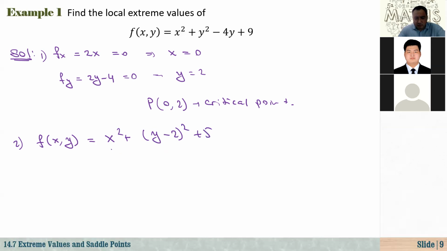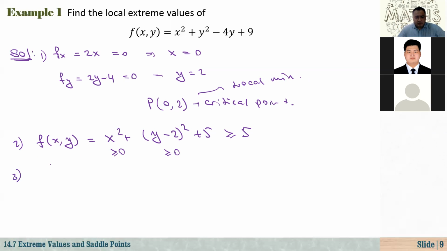And x squared is always greater than or equal to 0, and also (y minus 2) squared is greater than or equal to 0, which means that the function is always greater than or equal to 5. So (0, 2) gives us a local minimum. At the same time, it gives us a global minimum because it is the smallest value of this function. But it doesn't have any local maximum or global maximum.